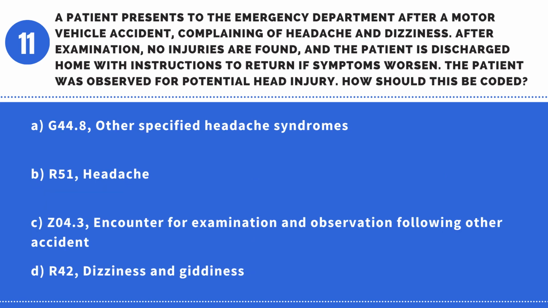Question 11. A patient presents to the emergency department after a motor vehicle accident, complaining of headache and dizziness. After examination, no injuries are found, and the patient is discharged home with instructions to return if symptoms worsen. The patient was observed for a potential head injury. How should this be coded?